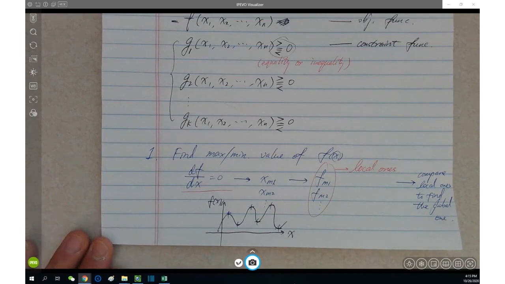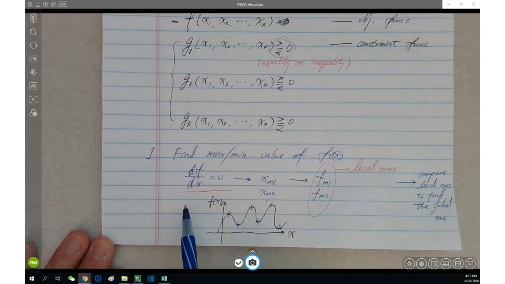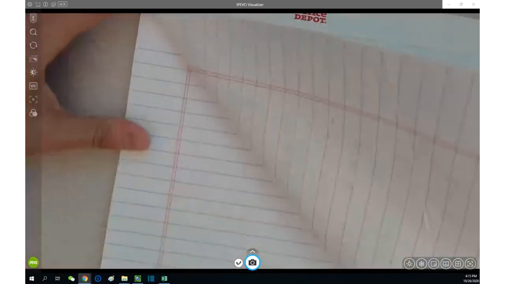And also here, based on this, we can extend this method to the multiple variable function.